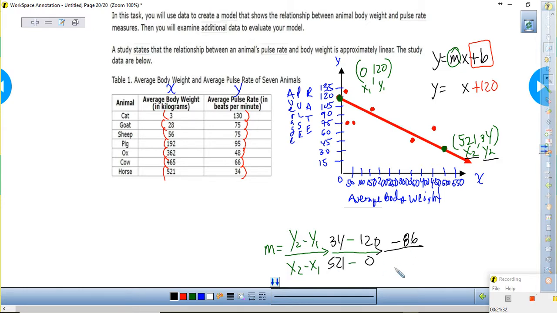And 521 minus 0 is 521. Let's see, can we divide these evenly by 2 or 3? Nope. So we'll leave it at that. So my slope is negative 86 over 521. This is my equation for this best fit line.